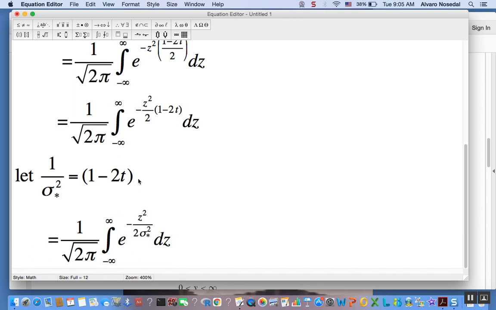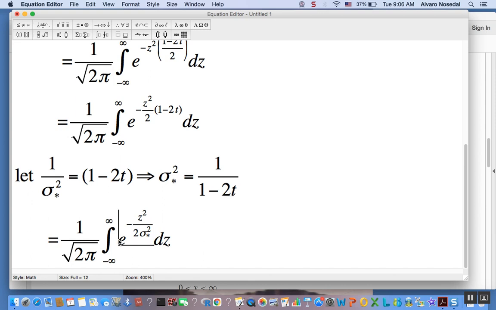Also note that if we set 1 over sigma star squared equal to 1 minus 2 times t, that implies that sigma star squared equals, you know, the reciprocal, right? 1 divided by 1 minus 2 times t. Make sense?